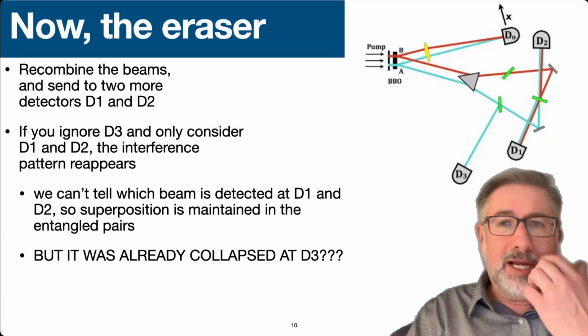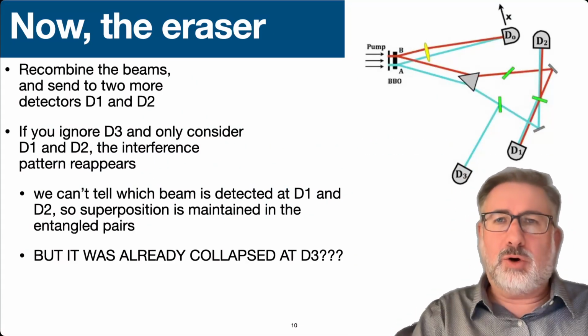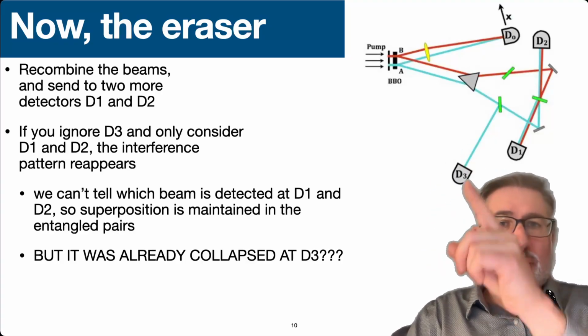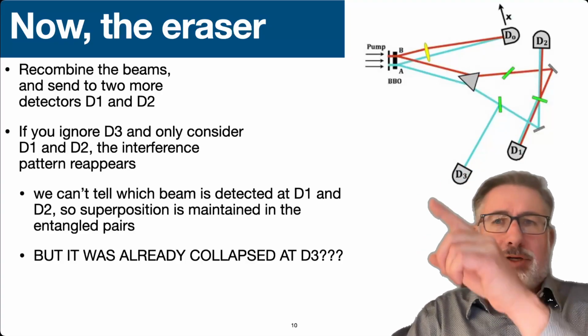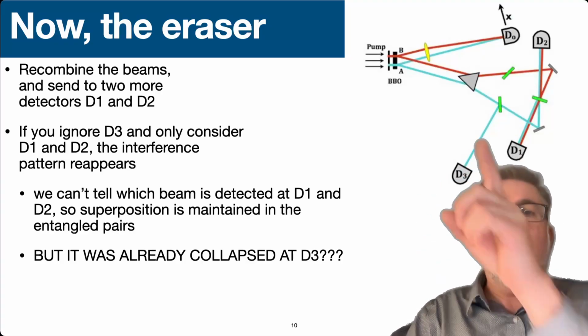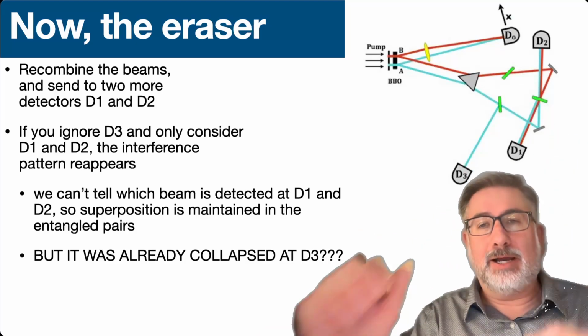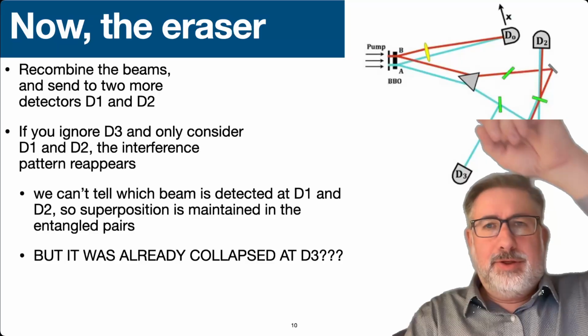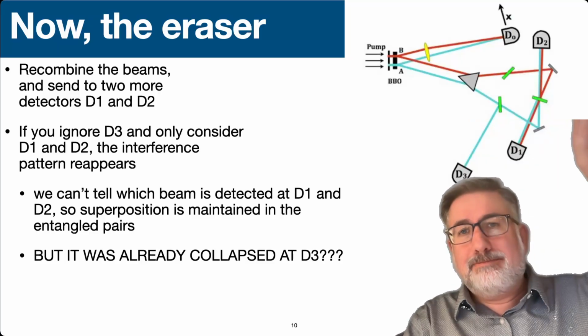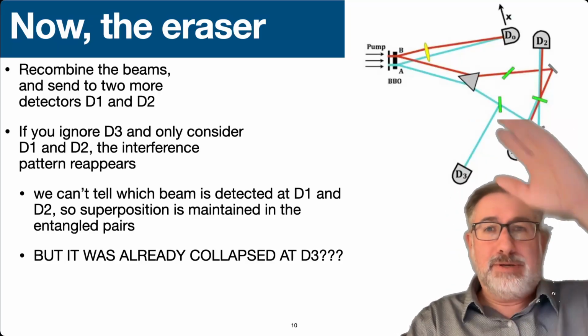So here's the eraser part of the delayed choice quantum eraser. This is the delayed choice part: you measure which slot the electron went through after it hits the screen, and you still collapse the wave function that way. Now, the experimenters recombined these two beams into one.